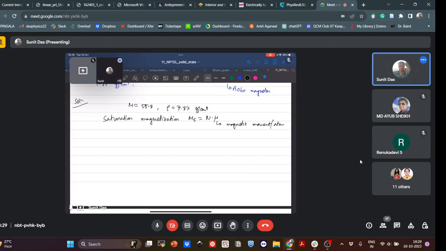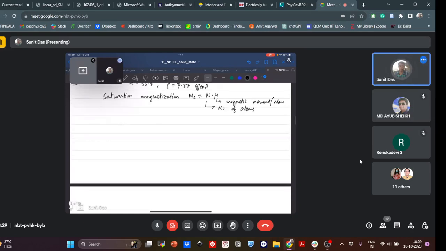We can easily find the number of atoms in the system because rho Na by m gives the number of atoms. Basically, rho is n m by Na, where m is the atomic mass, Na is the Avogadro number, and n is the total number of atoms.